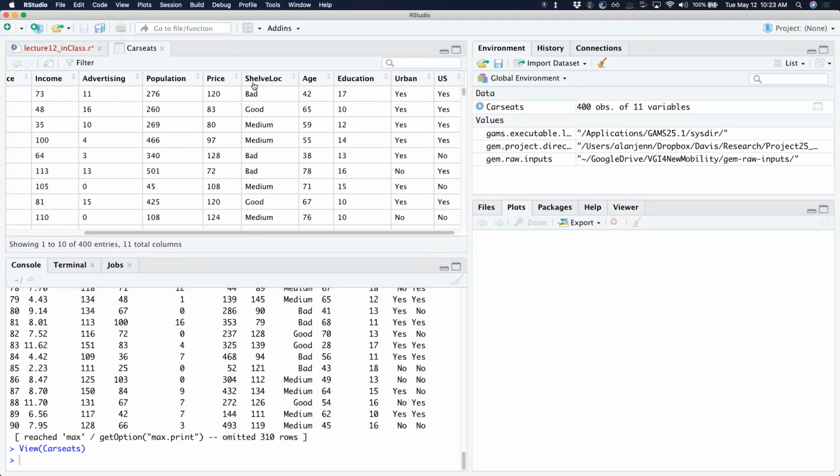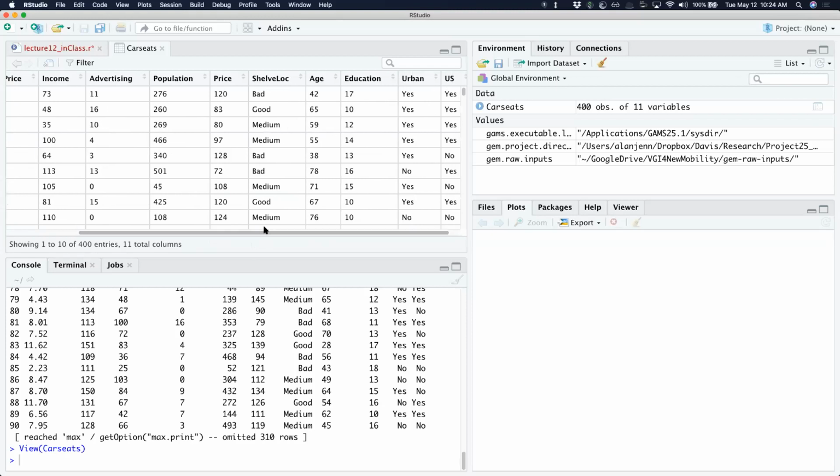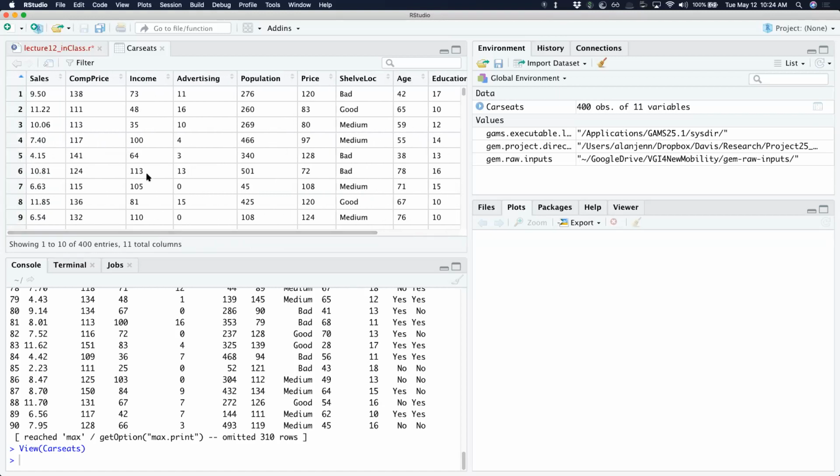And then this variable here, which is called ShelveLoc, is a qualitative measurement of the location on the shelf, whether it's good, medium, or bad. So again, the modeling may not necessarily make a whole lot of sense, but what we're going to do is a regression of the shelf location against other variables, specifically looking at price and sales.